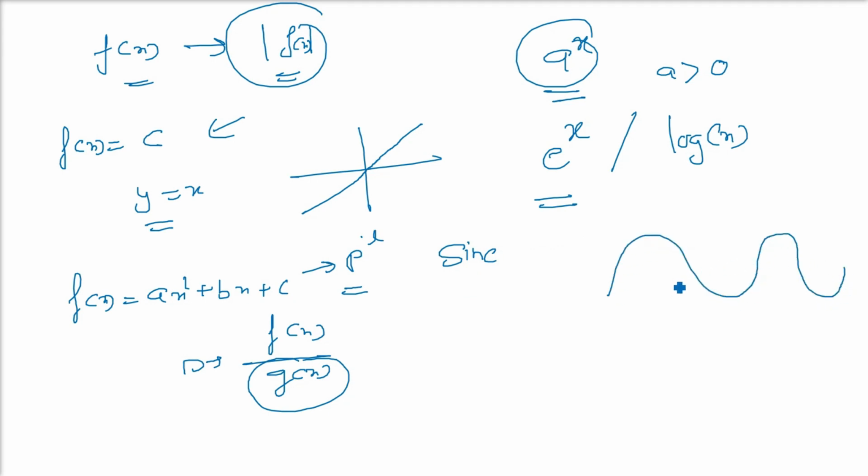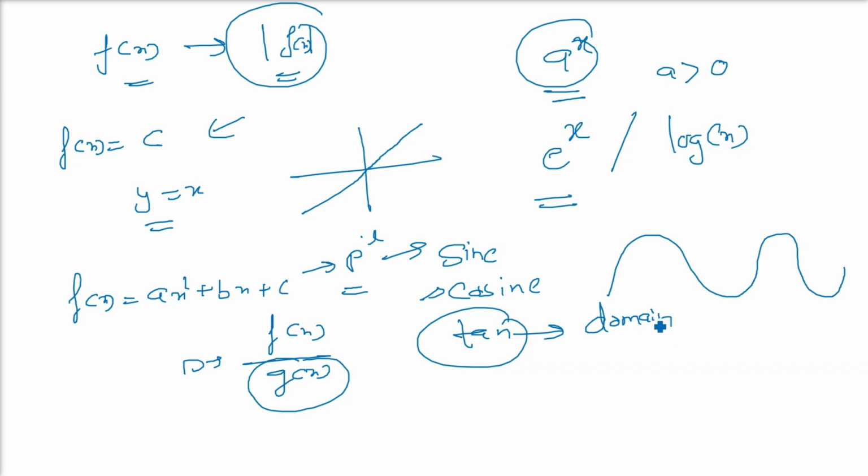Sine and cosine are continuous everywhere, but tangent is continuous only in a certain domain, and you know that domain if you have done trigonometry properly. That tan has to be under a certain domain.